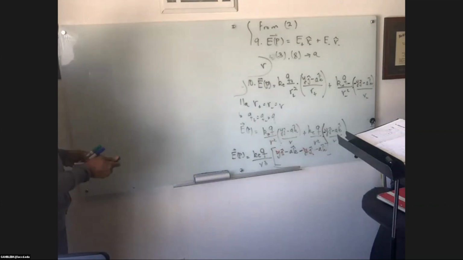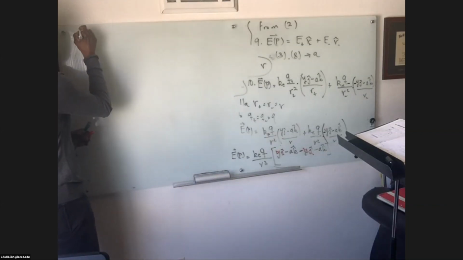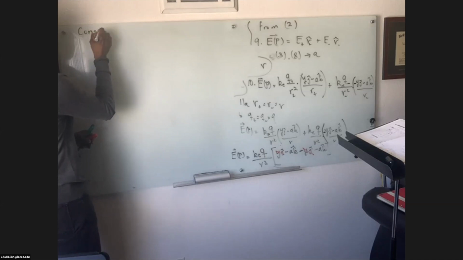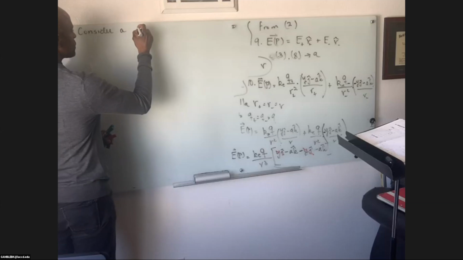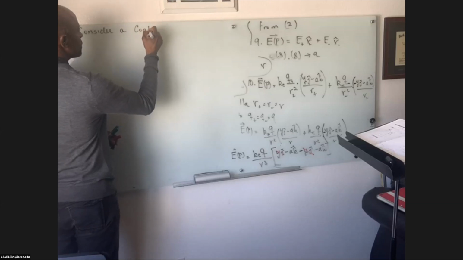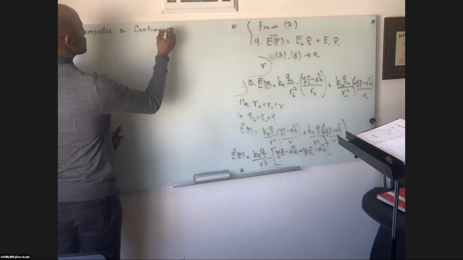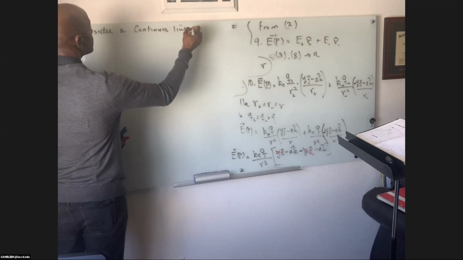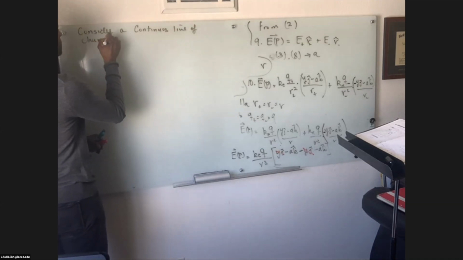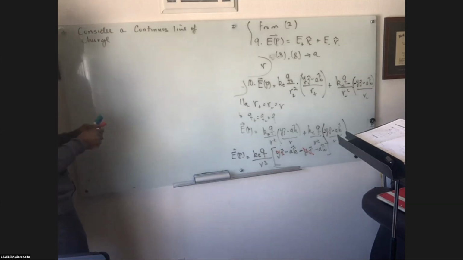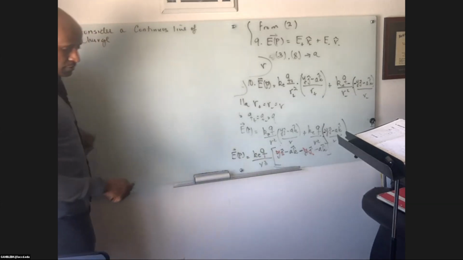So consider a continuous charge distribution, a continuous line of charge. Now we could make it an infinite line, but in this case, just to be consistent with the symmetry, I'm going to make it a finite line.